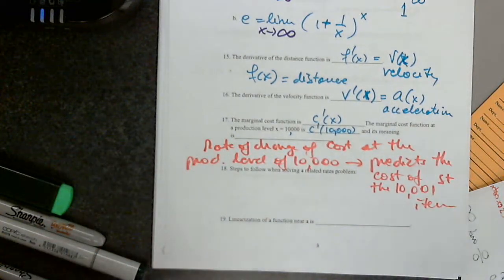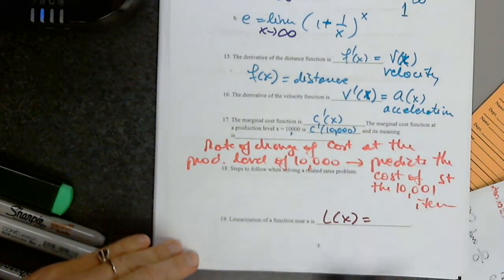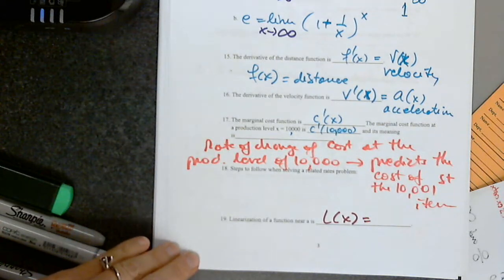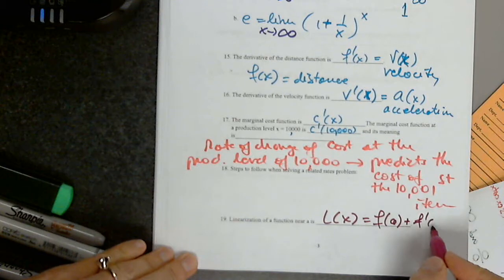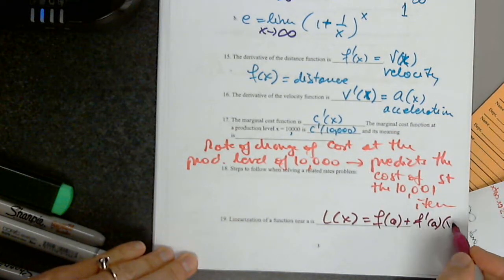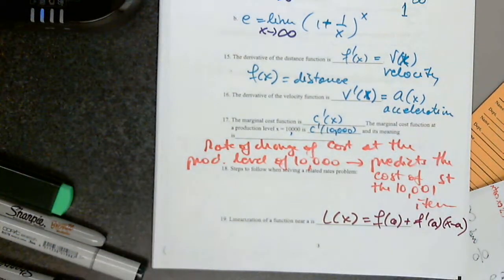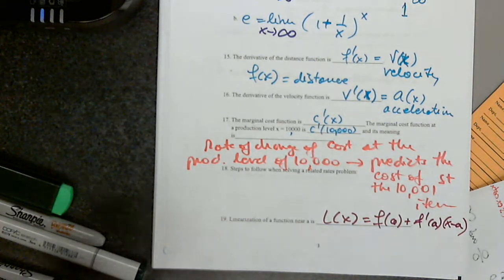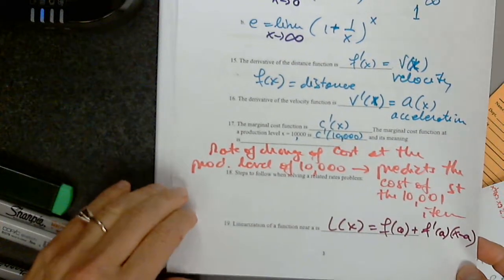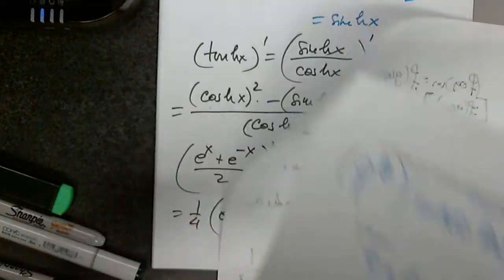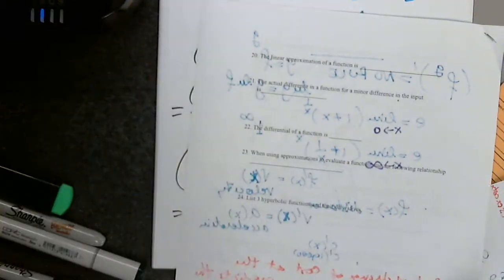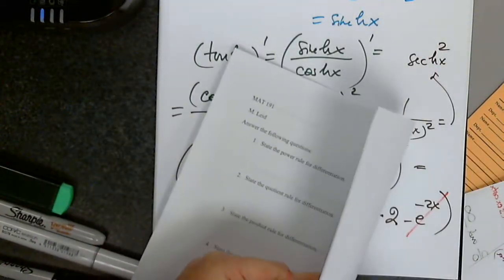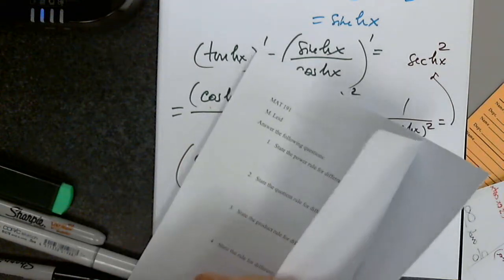Linearization of a function near A is L of x, which is f of A plus f prime of A times x minus A. It's a line. The linearization of a function f of x near A. Okay, last page.